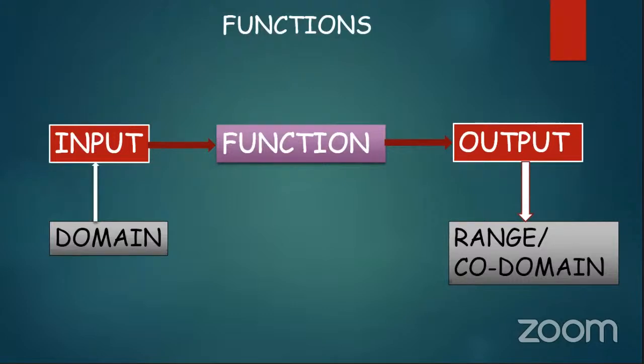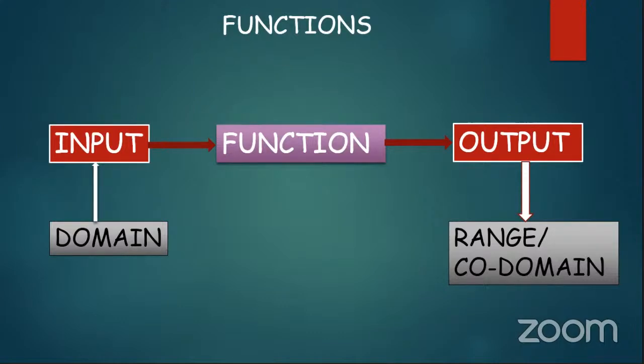How they relate is the function is the one that makes them relate, because when we get an input, for example, a 2, and we substitute it in a function, which function is also given in the question, then what we shall get at the end is the output.